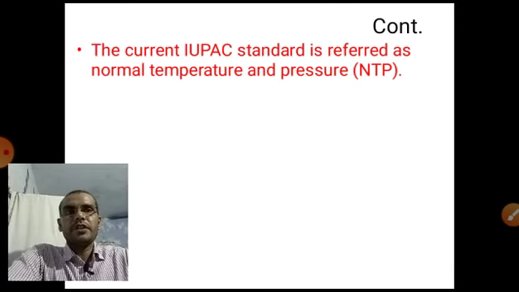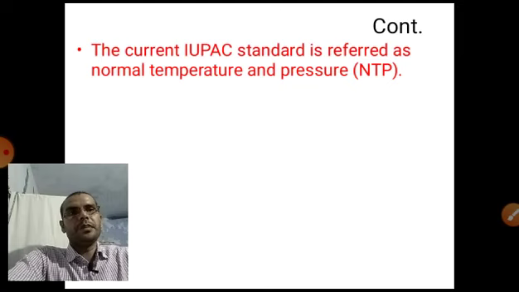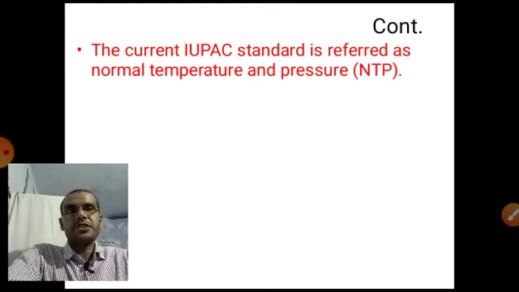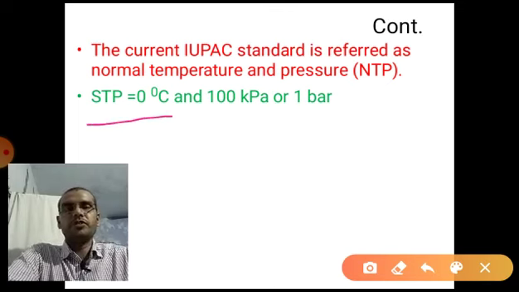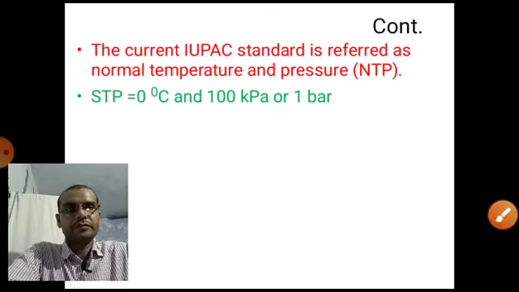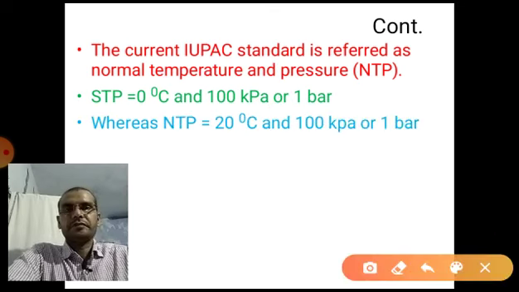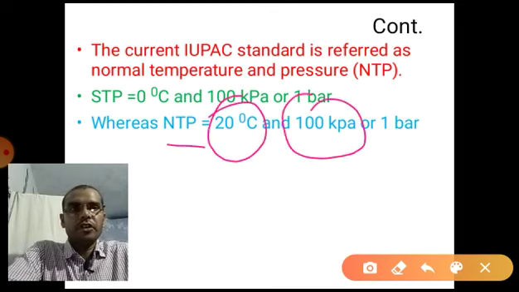The current IUPAC standard refers to it as normal temperature and pressure. Initially it was considered as STP, but in the current IUPAC standard, STP is equal to 0 degree Celsius and 1 bar or 100 kilopascal pressure, whereas NTP is equal to 20 degree Celsius and 100 kilopascal or 1 bar.